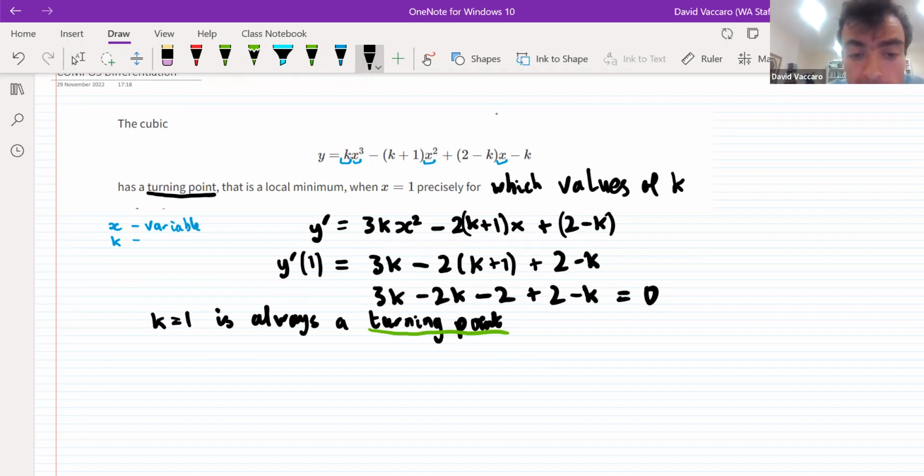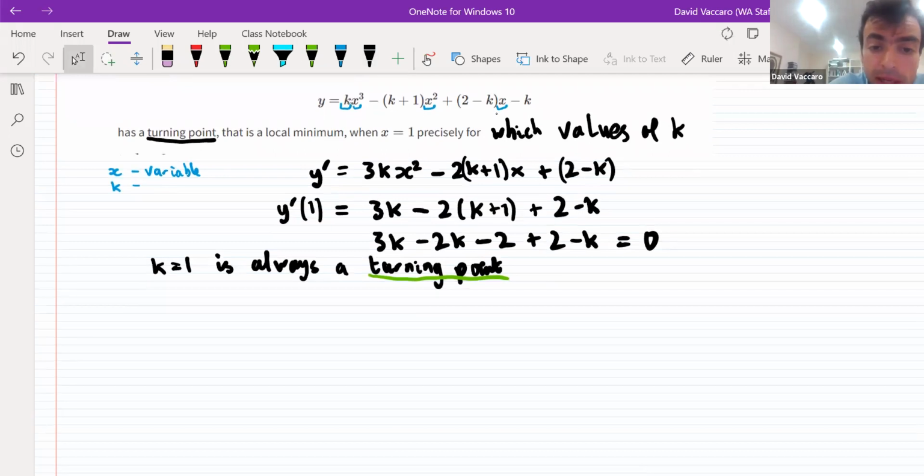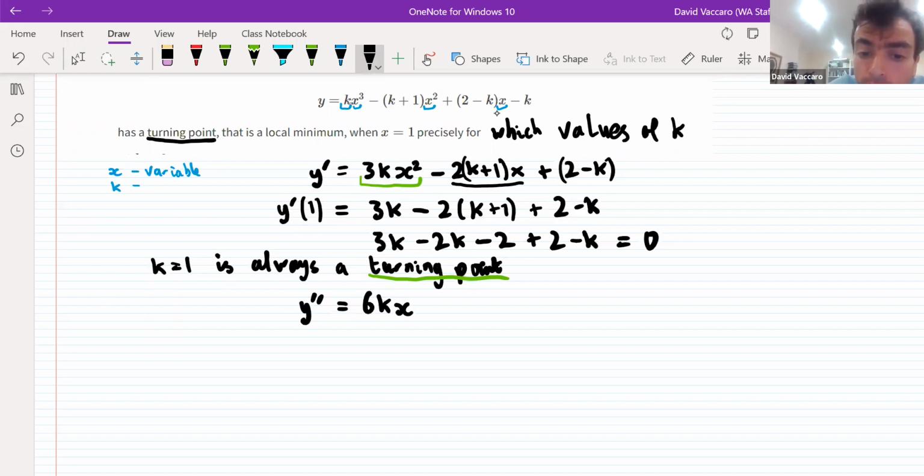Okay, but people are absolutely right. We want to now look at whether this turning point is a minimum. So we need to differentiate in order to do the second derivative test. So we differentiate the derivative. We start by differentiating 3kx squared, so we get 6kx, subtract (2k plus 1).